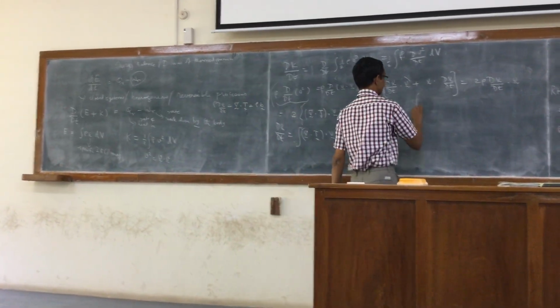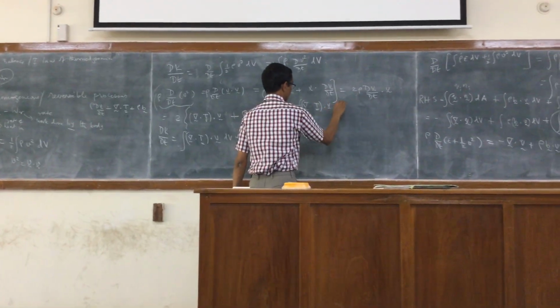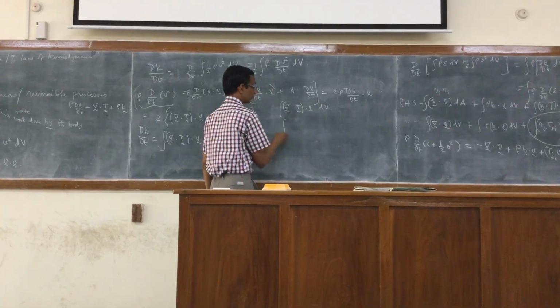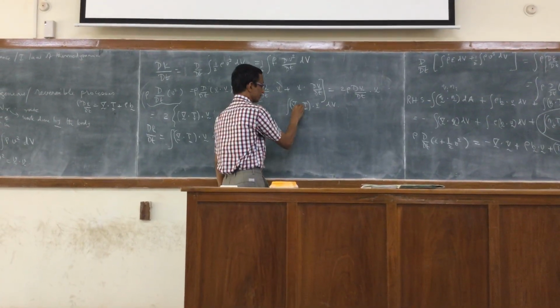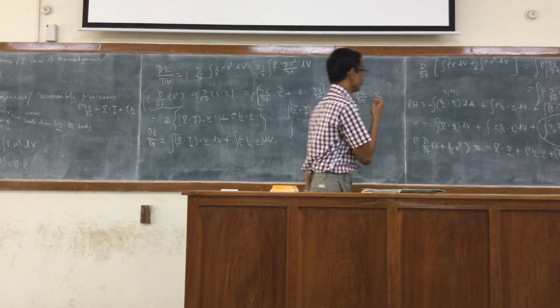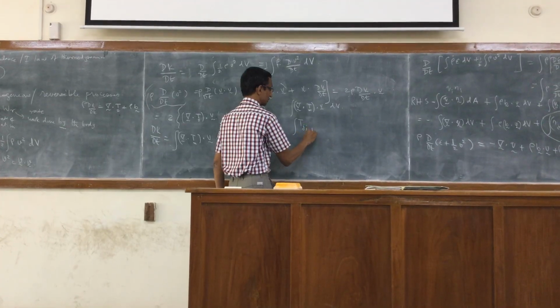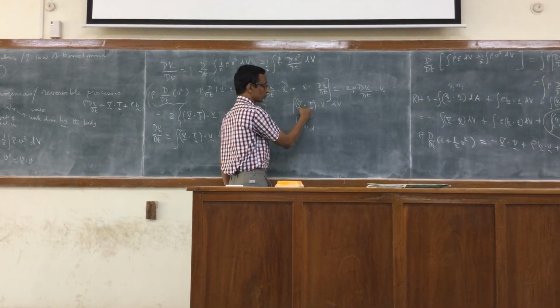So what is this? This is again a dot product of two vectors. One of them is the divergence of the tensor. We have done that before. This will be t_ji comma j. That's the ith component of this.